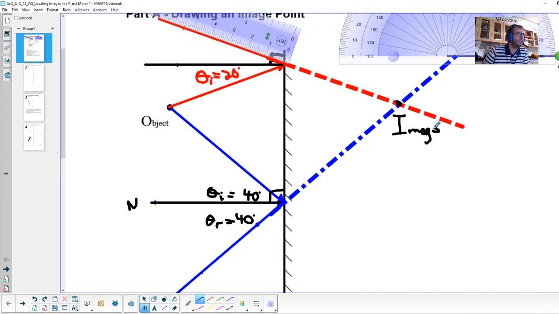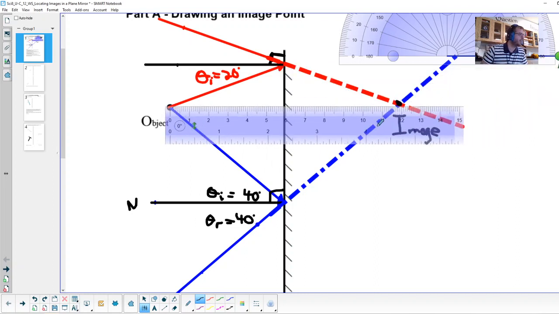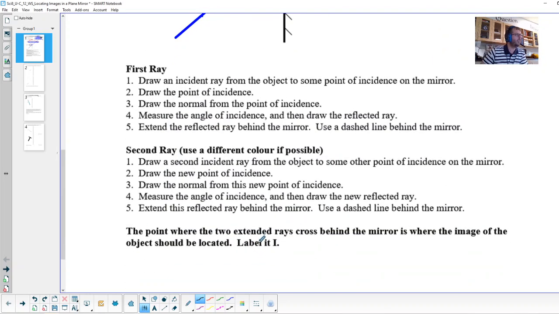And it should be, if we did this accurately here, equidistant from the object to the mirror. So what is that? 6 centimeters, and it should be 12 there, right? And it's a little bit under, and this is a little bit under here. Yeah, I think I'm a little off with my measurement tools here. You guys should be able to get even more precise using your hand tools there. Okay, so that's the point that we're going to label I.